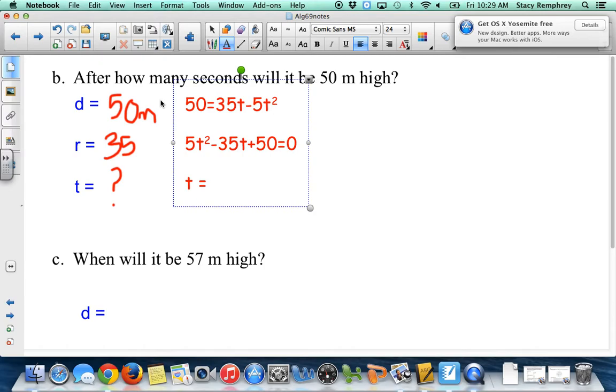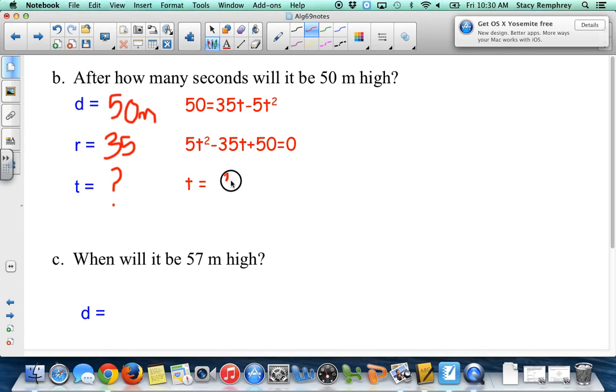So if I'm using quadratic formula, I'm going to have, let's see, opposite of b, my b is 35, so 35 plus or minus the square root, because that's negative b, so negative of negative 35.